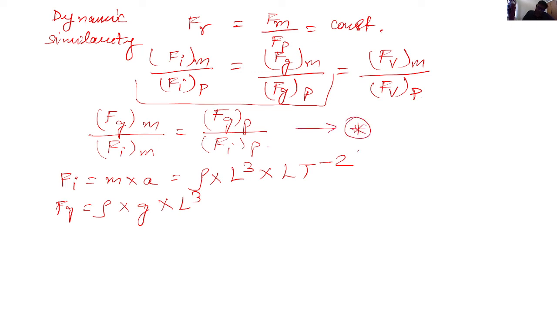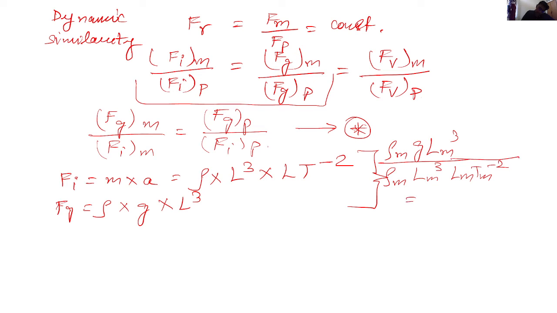Now, when we put these two expressions in the equation marked star, we will get the expression, where the suffixes m and p correspond to the model and the prototype respectively.